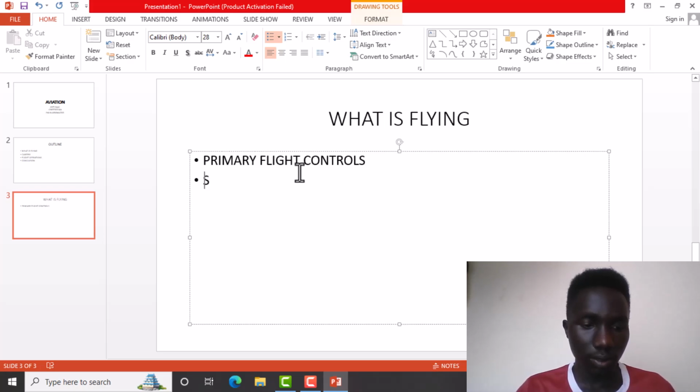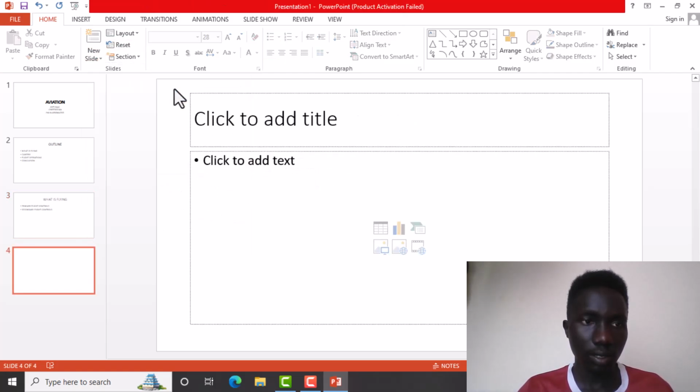Then we also talk about secondary flight controls. Those are the things we look at under what is flying. Basically, this is what we talk about here, what enables flying. And then we're going to add another slide.